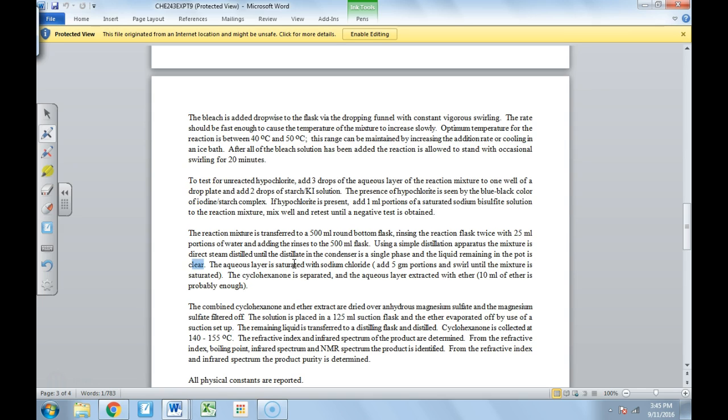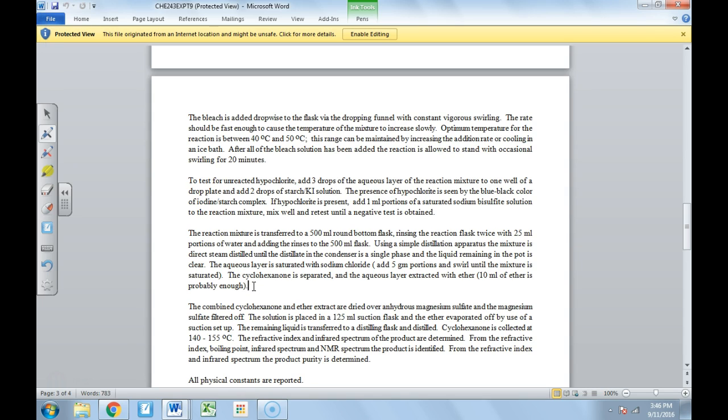But it would be great if you could saturate it with sodium chloride. Sorry, sodium chloride, not the solution in this case. And then separate the cyclohexanone and extract it with ether. So what's going on here?